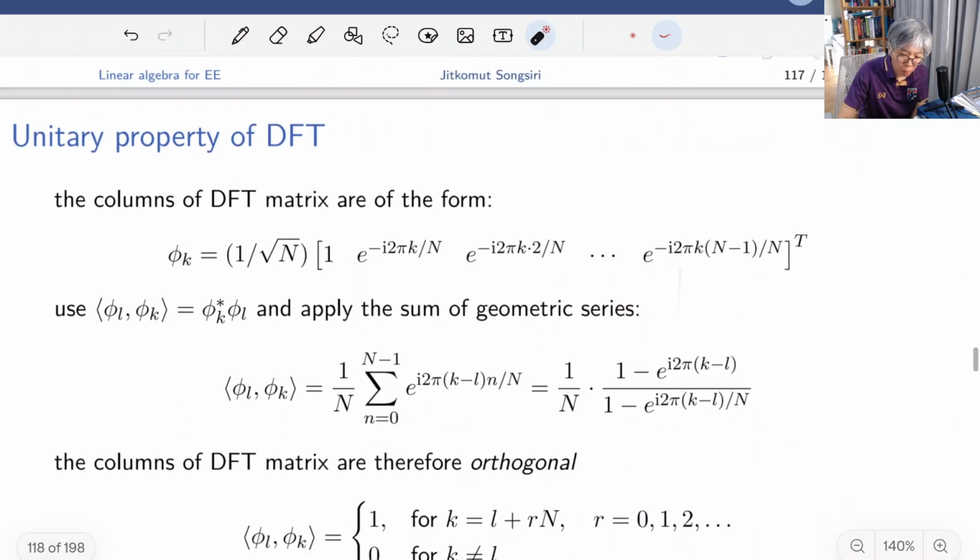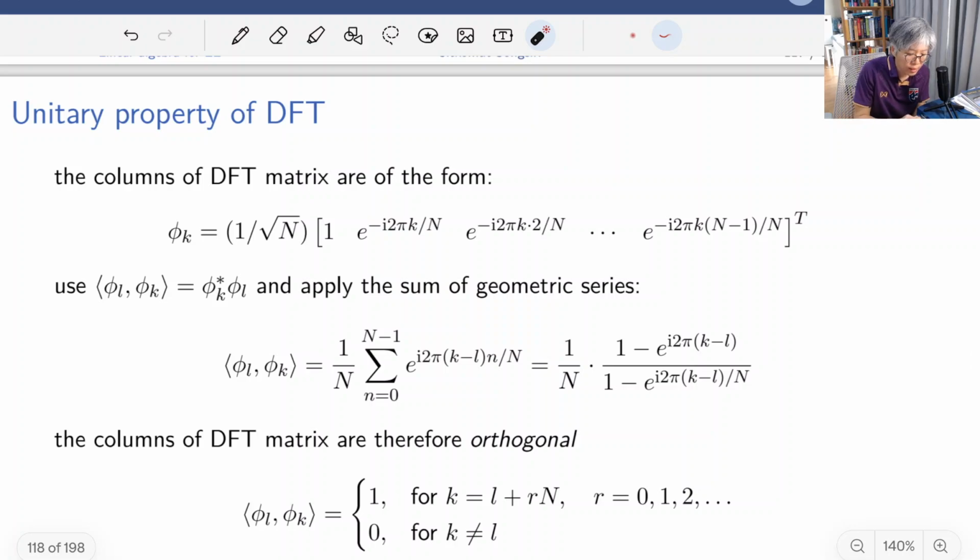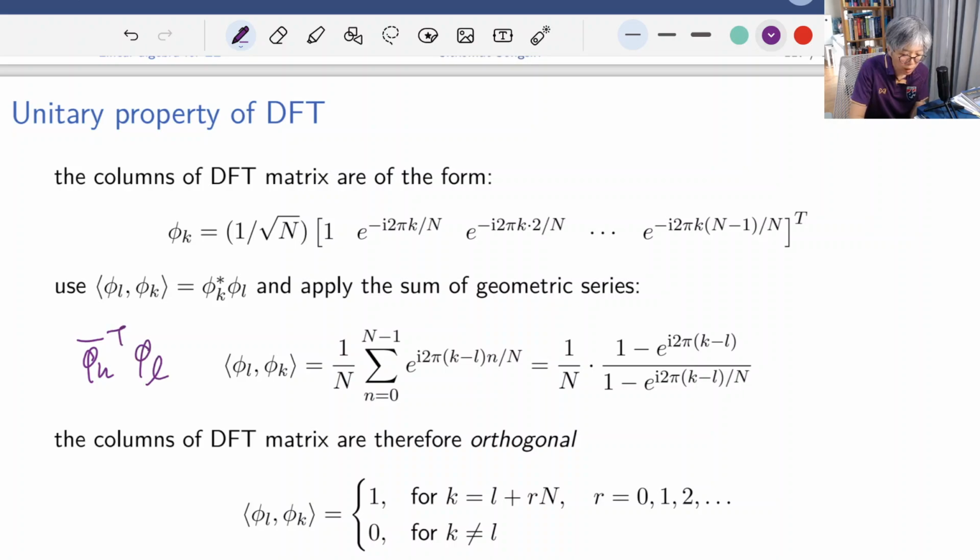What we can show quickly is that we can verify that columns in the DFT matrix are orthogonal by showing that the inner product between phi L and phi K, which is this operator, phi K bar transpose phi L, where by star we mean the conjugate transpose.